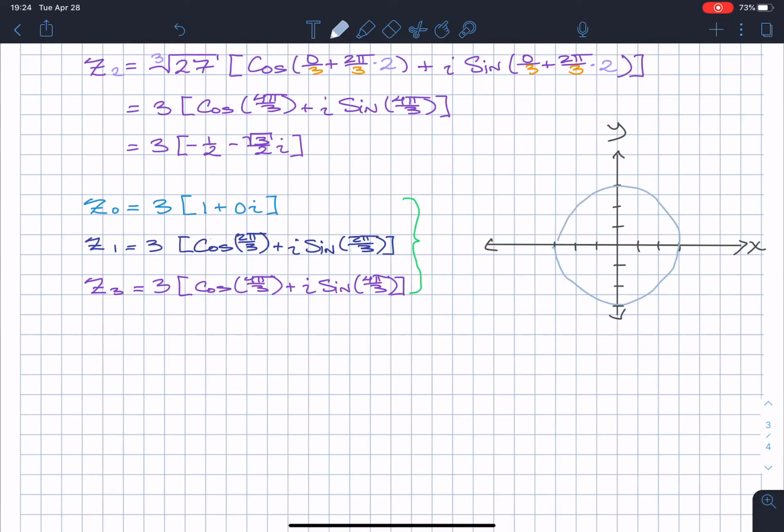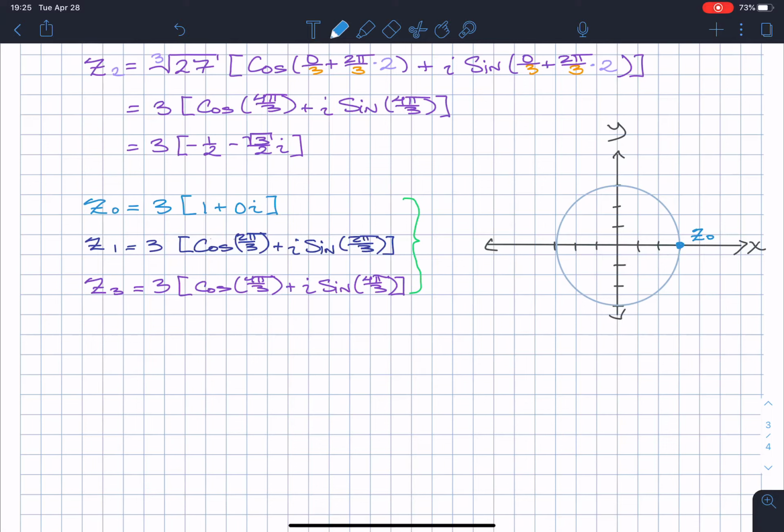Hopefully I can. Yeah, almost. Okay, that looks good enough. Okay, so my first root, z sub 0, was at 3. So that's a real number. That's on the real number line. So this is z sub 0.